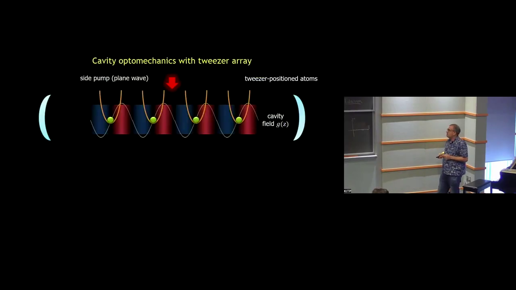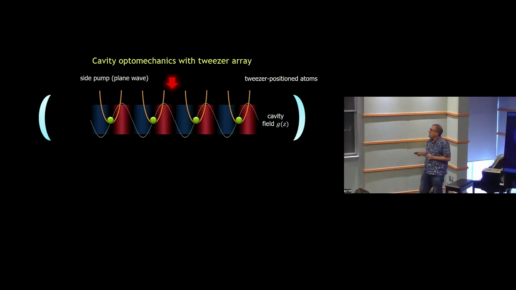Now, the way we're going to actually implement this setup is by placing atoms inside of an optical cavity. So I've drawn the cavity mode. The cavity mode is a sine wave, which has regions where the electric field inside the cavity is positive and other regions where the electric field of this mode would be negative. Now, we place the atoms specifically at nodes of this field. Placed at nodes, they nominally would not scatter light into the cavity at all. They're not coupled to the optical cavity when they're illuminated with light that comes in from the side.